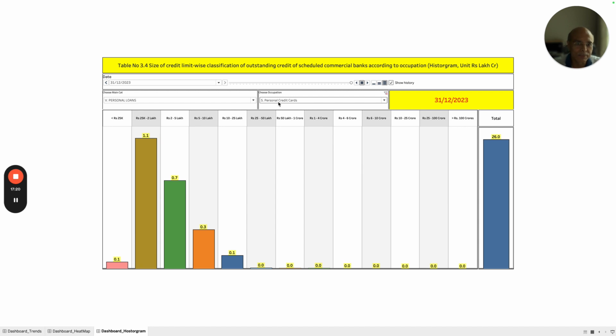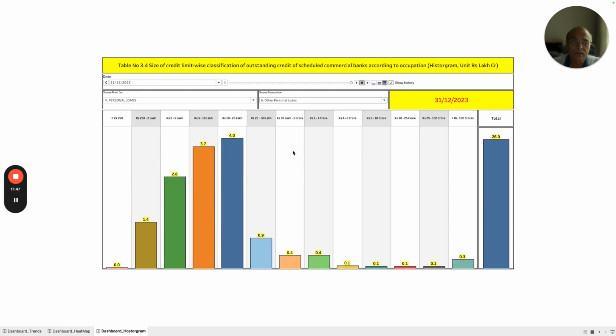It's not about this particular personal credit card. So this is 1.1 lakh crores and 0.7 lakh crores. So 1.1 and 0.7 adds up to 1.8 lakh crores, which is between 25,000 and 5 lakh rupees. So that's where the focus has been.